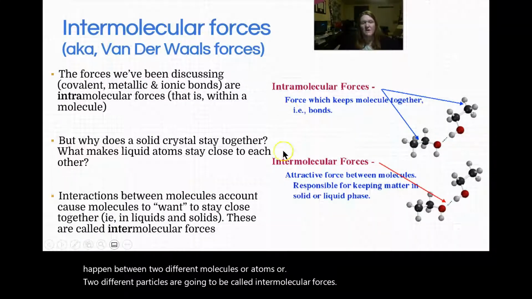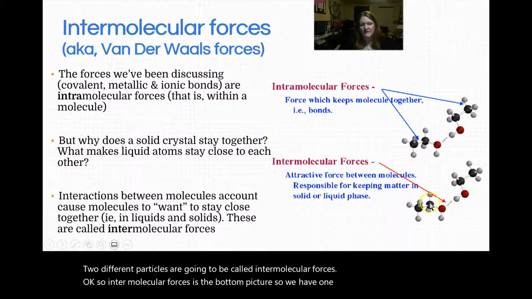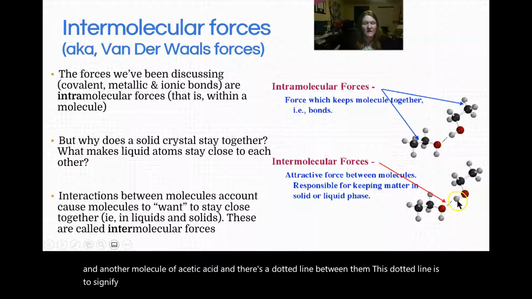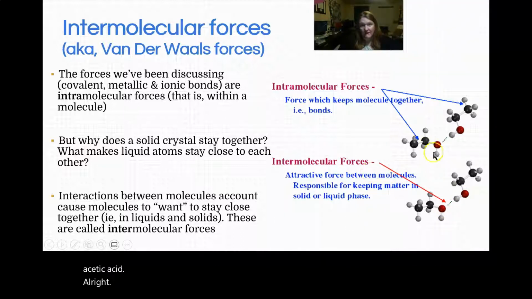Okay? So intermolecular forces is the bottom picture. So we have one molecule, what is this, acetic acid, and another molecule of acetic acid. And there's a dotted line between them. This dotted line is to signify the attraction between the hydrogen on this acetic acid with the oxygen on this acetic acid. All right? All molecules have IMF, intermolecular forces.